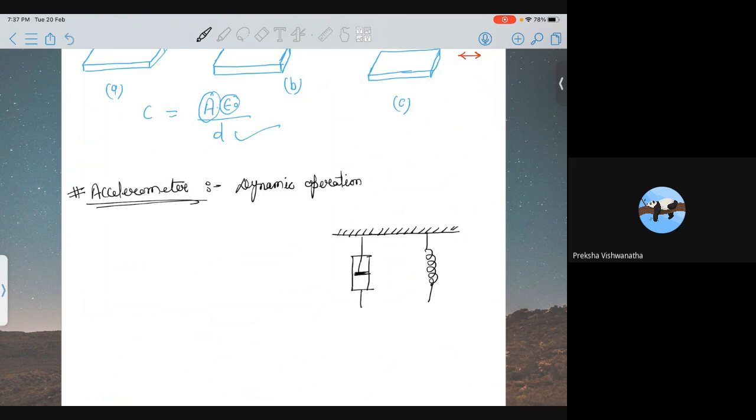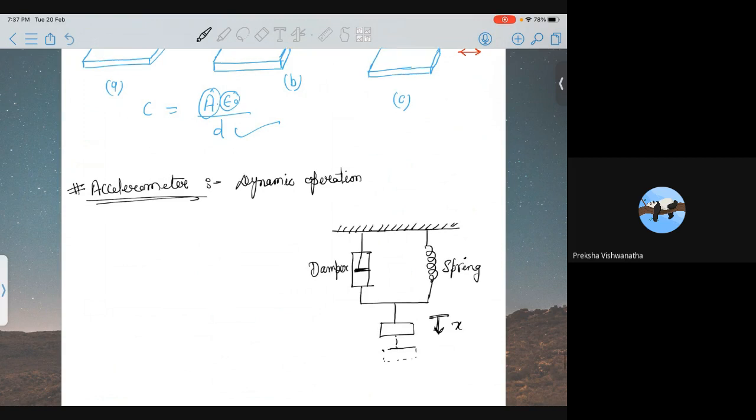And we'll attach a proof mass to the end of the damper and spring, and we are assuming the displacement is x in the downward direction, and it will deflect to this point. So this is our spring and this is damper.